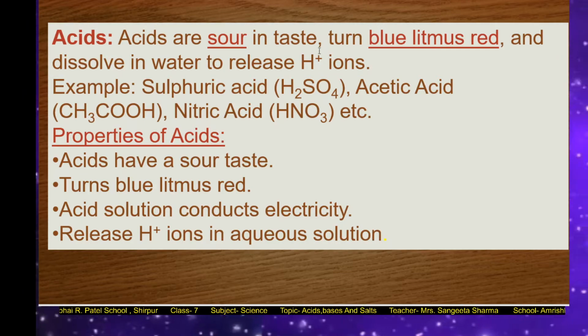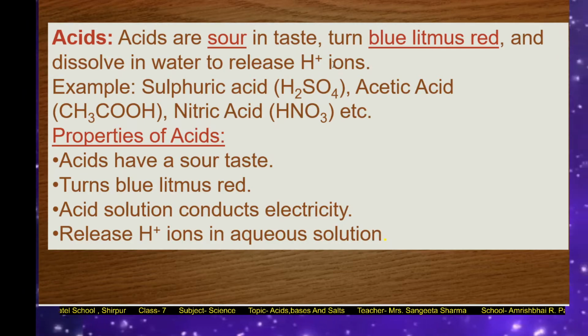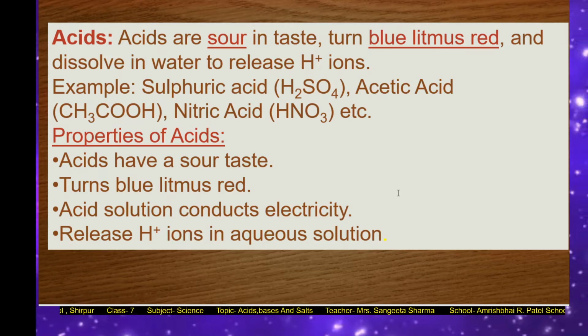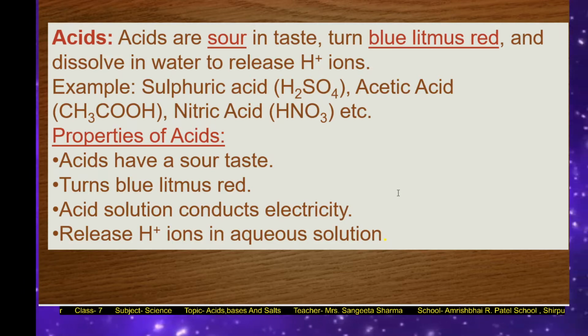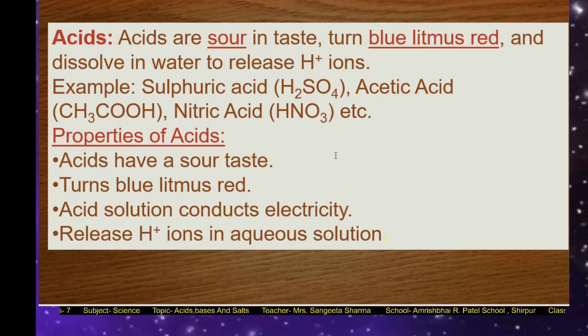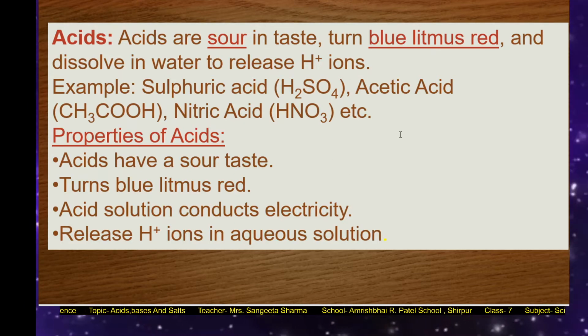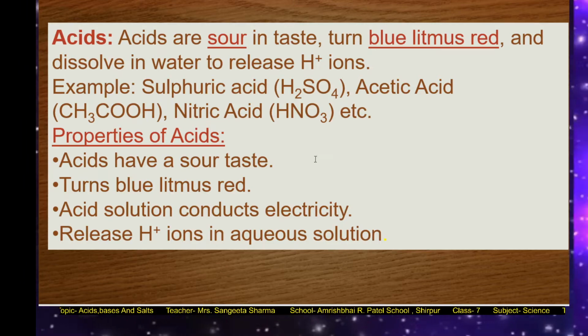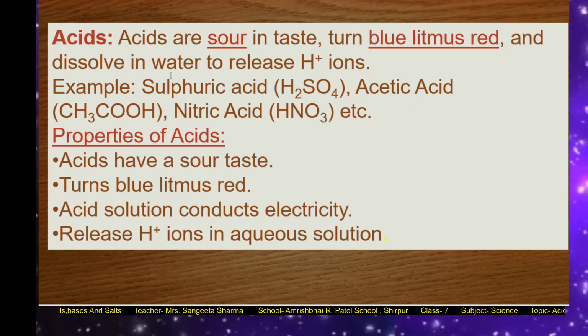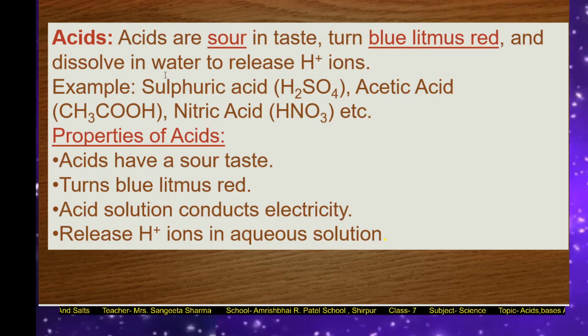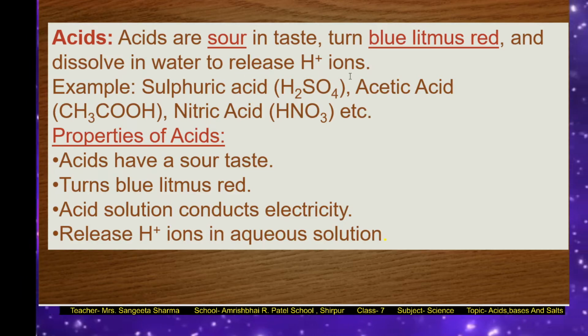So that is why we are mentioning here H positive, meaning there is no electron in the hydrogen atom, only one proton is present. So we say H positive ion, or we can say proton. So, whenever we are dissolving acids in water, they are releasing H positive ions.